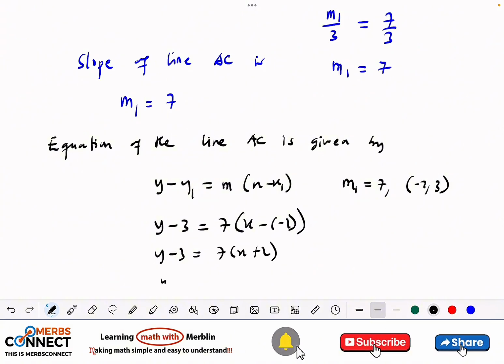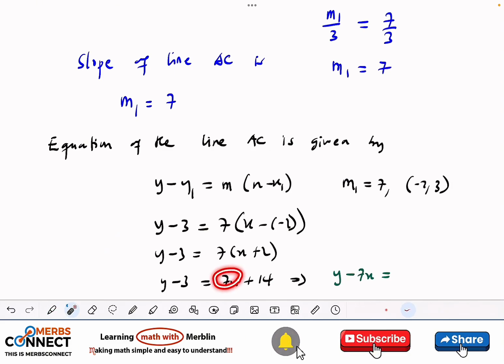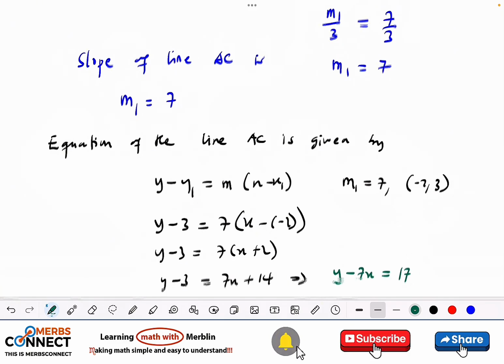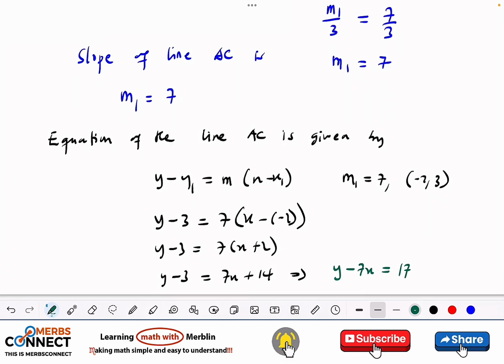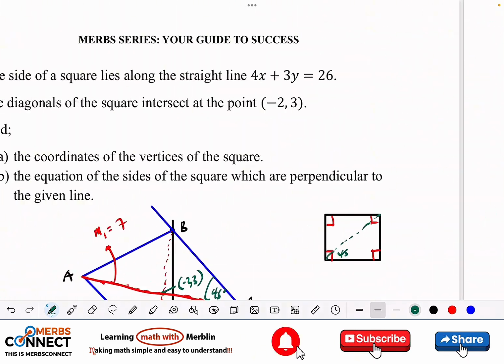Simplify and we have y minus 3 is equal to 7x plus 14. And this implies that y minus 7x is equal to, so I just move the 7x to this side, then I'll move minus 3 to this side, it becomes positive. So this will be equal to 17. So this is now the equation of line AC. And that is when the actual work starts.